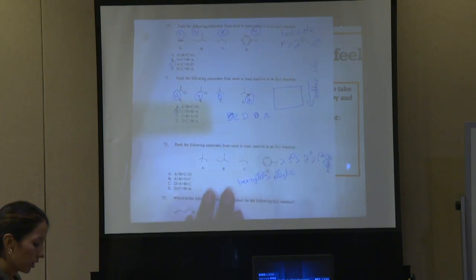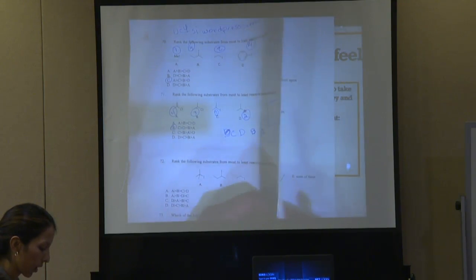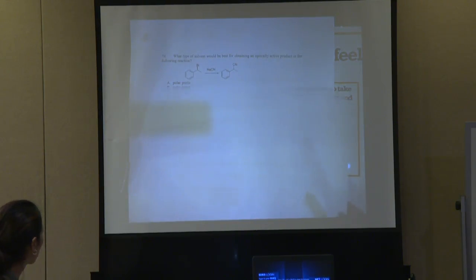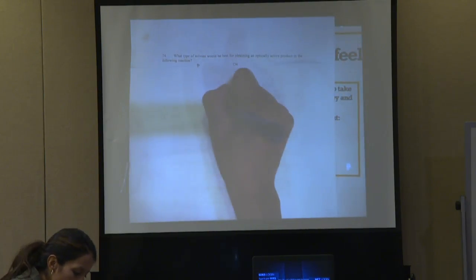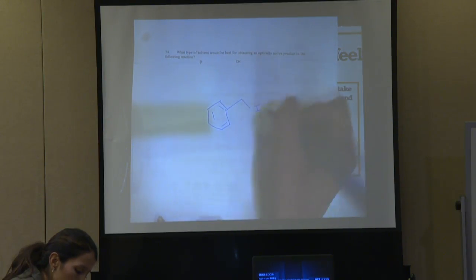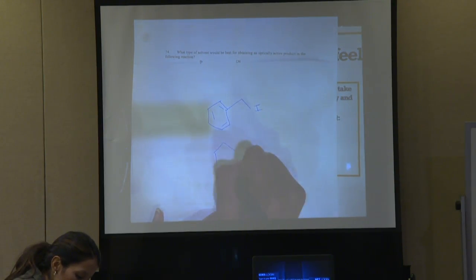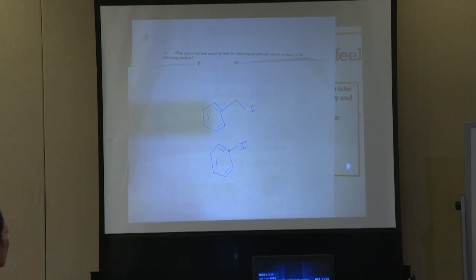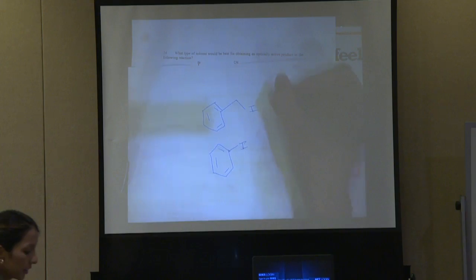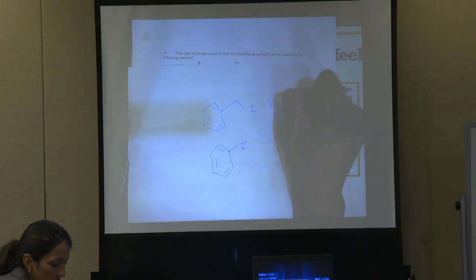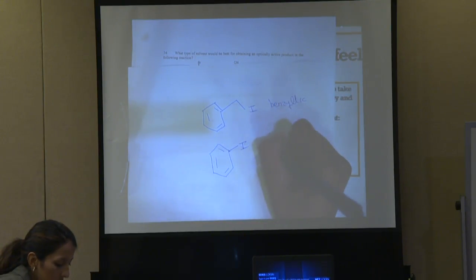Okay, cool. So let's talk about benzylic and aryl for a second. It's just a matter of recognizing positions. Which one is which in this case? Benzylic.